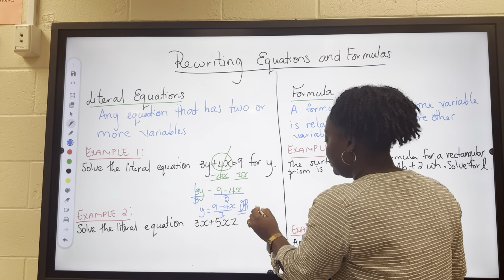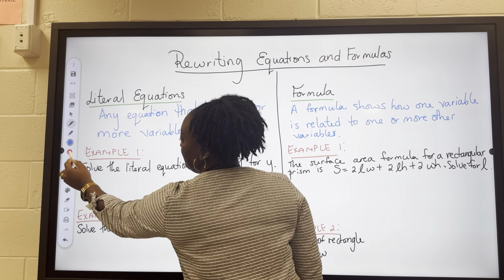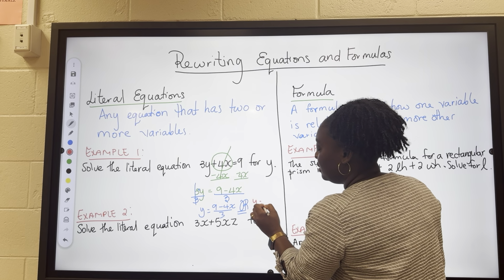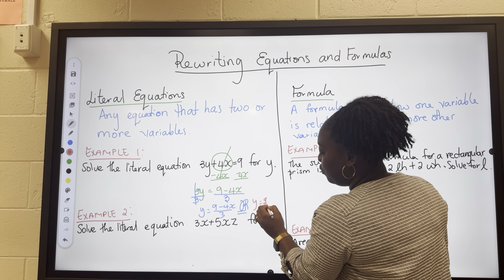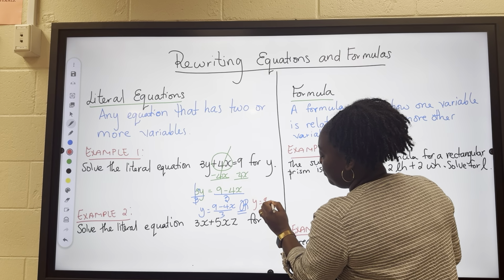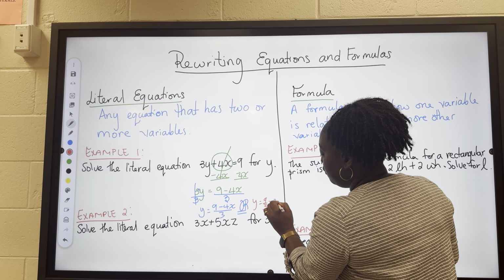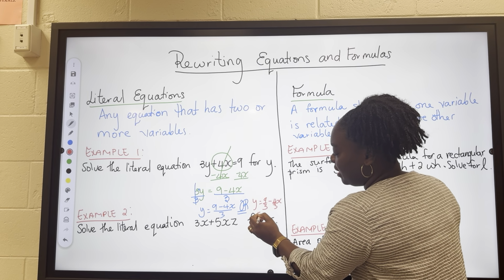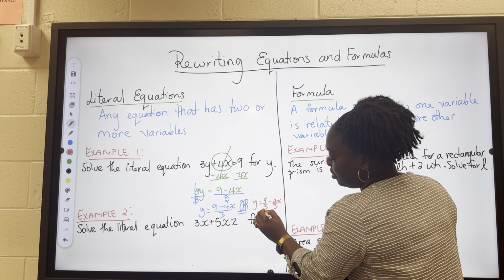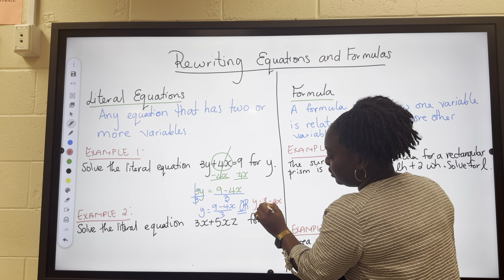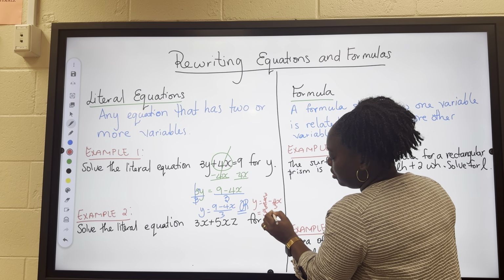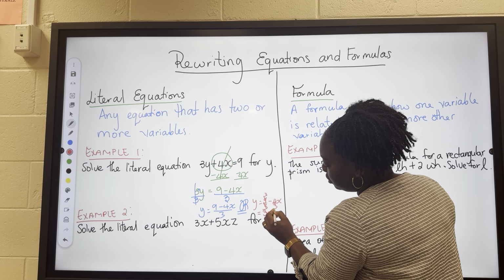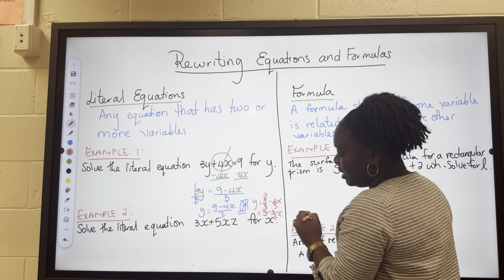or it can also be written as y is equal to 9 over 3 minus 4 over 3x. And this can be simplified. So that's going to be 3, because that's cancelled out, 3 minus 4 over 3x.